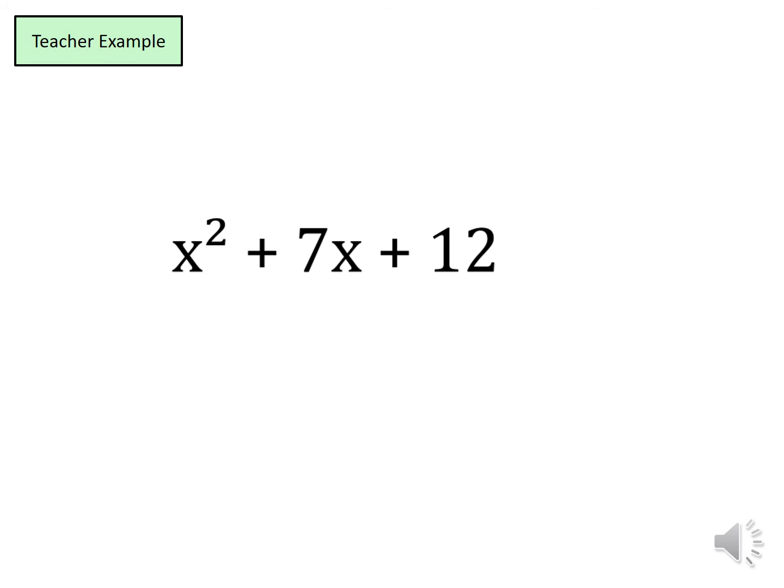We need to find two numbers that give us a sum of 7 and a product of 12. Now, when we're factorizing quadratics, we are going to put them into double brackets. We have expanded double brackets before, so we know what they look like.